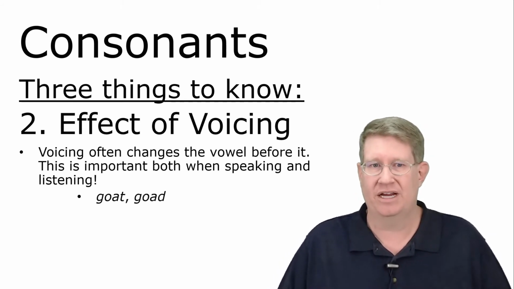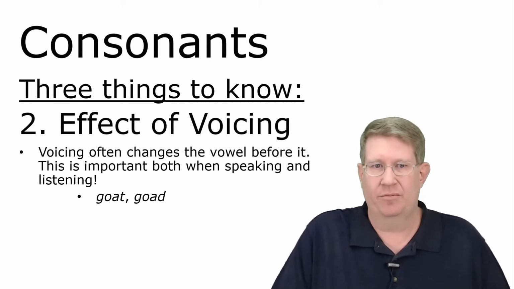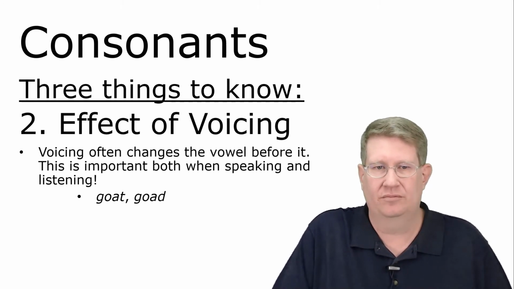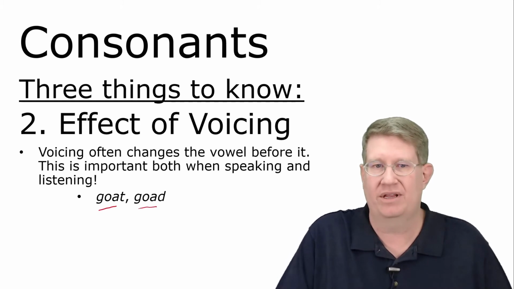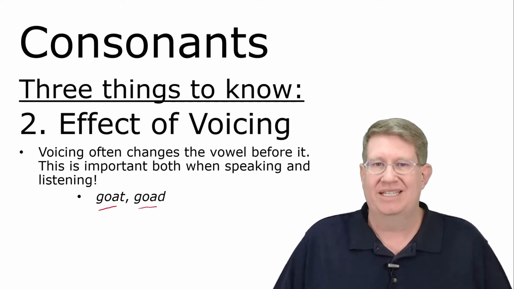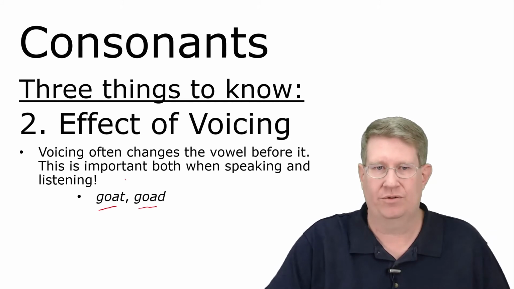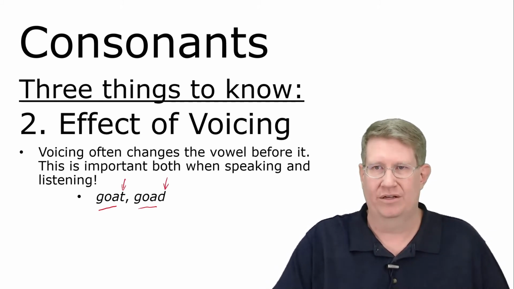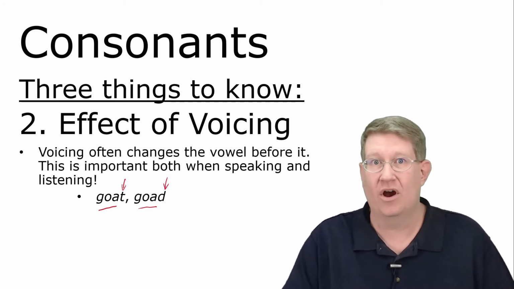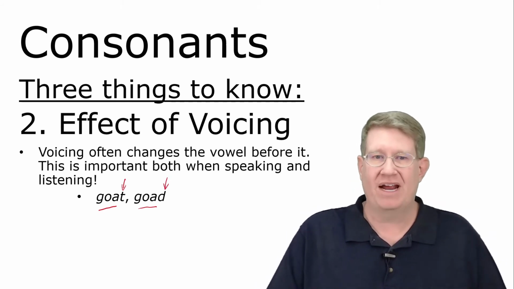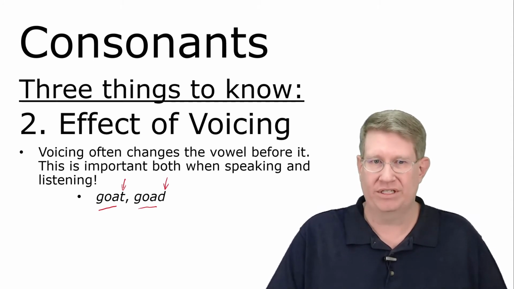Let's take a look at an example here. So again, we have another minimal pair. These two words are identical, all the way to the last letter. So, t, which is what I'm saying here, and d, which is what I'm saying here. Those two consonants are identical, except for the fact that t is voiceless and d is voiced.